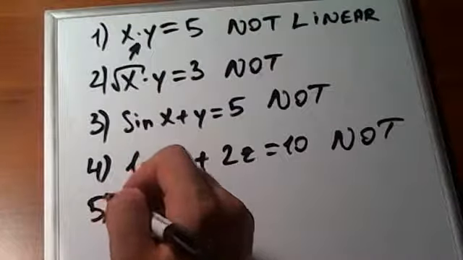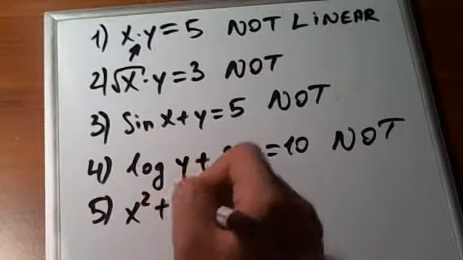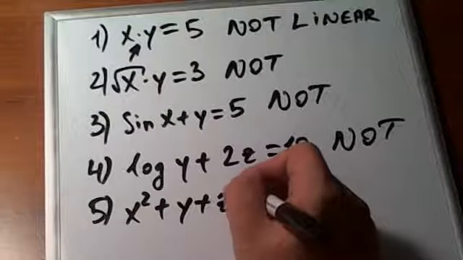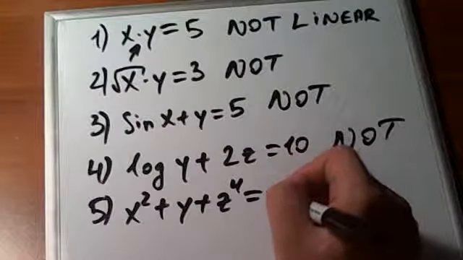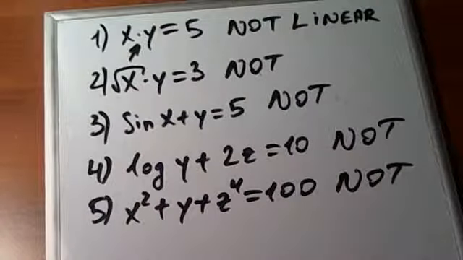Or if you see exponential functions such as x squared plus y plus something like z to the power 4 is equal to some number, let's say 100, it's not linear either.